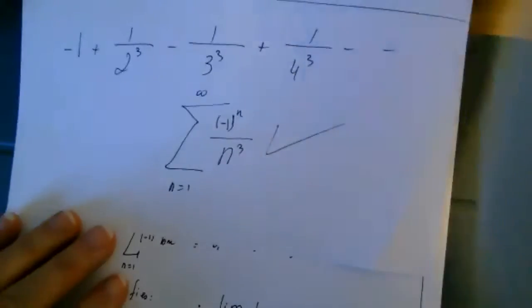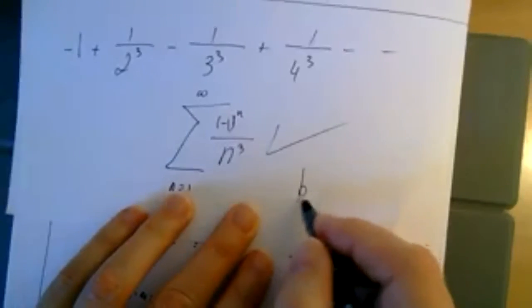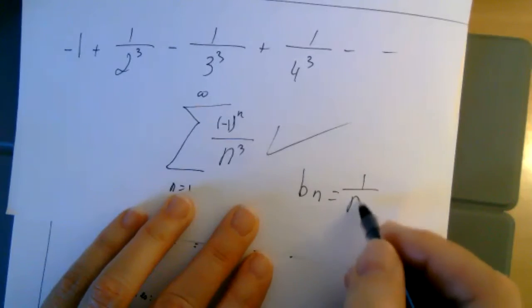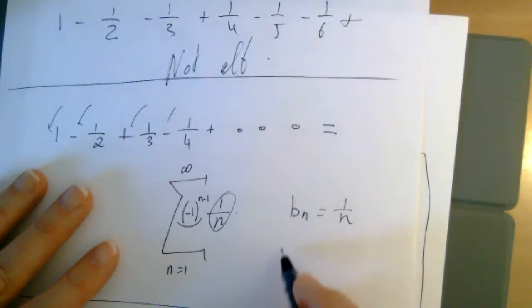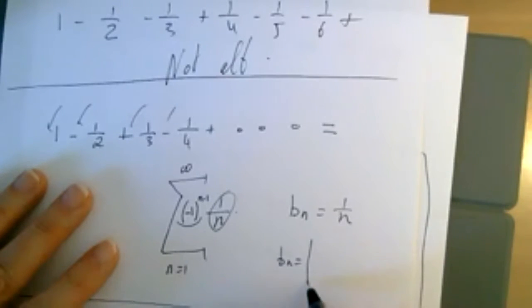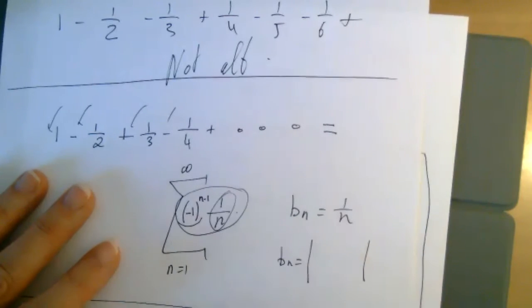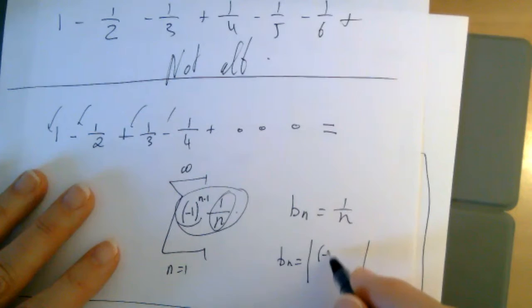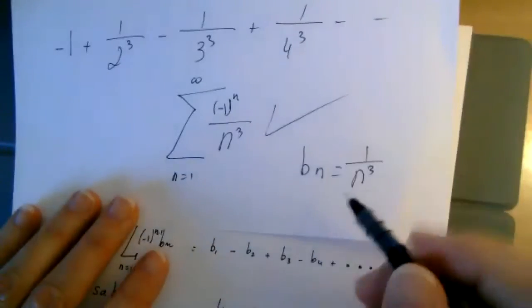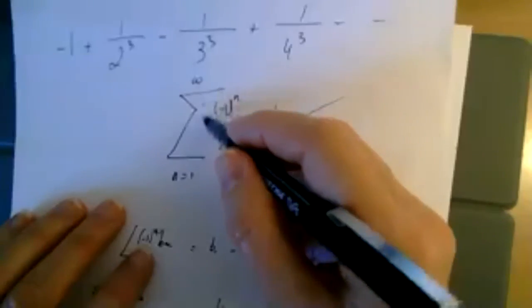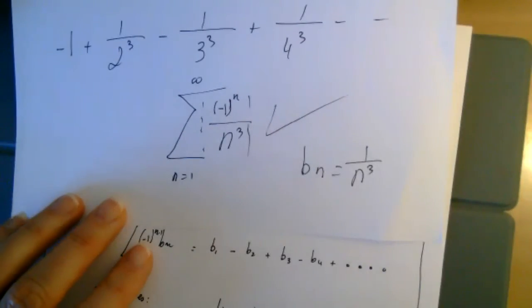In my scenario down here, by bn, I mean 1 over n to the power 3. In other words, you can think of the bn as the absolute value of those terms, which is 1 over n. Again, here we can do the same for the bn. We can think of them as the absolute value of those terms.